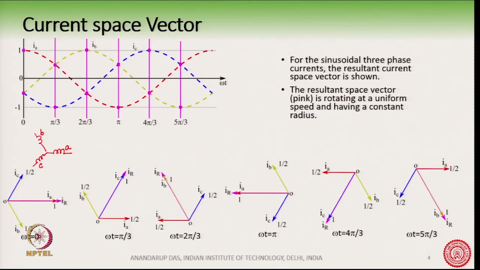At omega t equal to 0, I_A is maximum while I_B and I_C are negative equal values. So I_A will have the maximum value along this axis, whereas I_B has a negative half amplitude in this direction downward, because the I_B axis is in this direction, and I_C is again negative, but in this direction, because the C axis is like this.